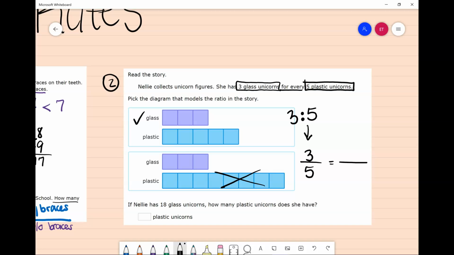The 3 represents glass unicorns. The 5 represents plastic unicorns. Okay, here it gives me more information. It tells me Nellie has 18 glass unicorns. So I'm going to use that information and put it as my numerator in my equivalent ratio.